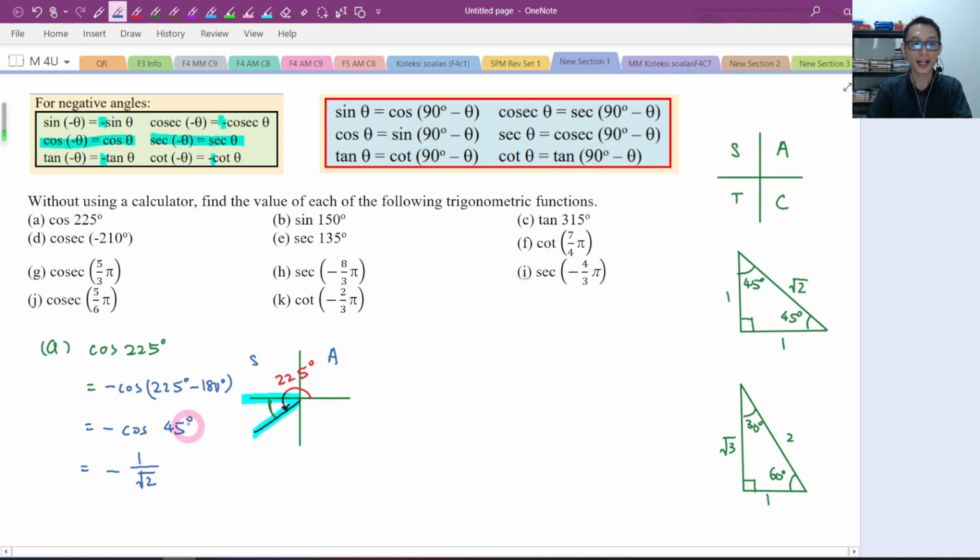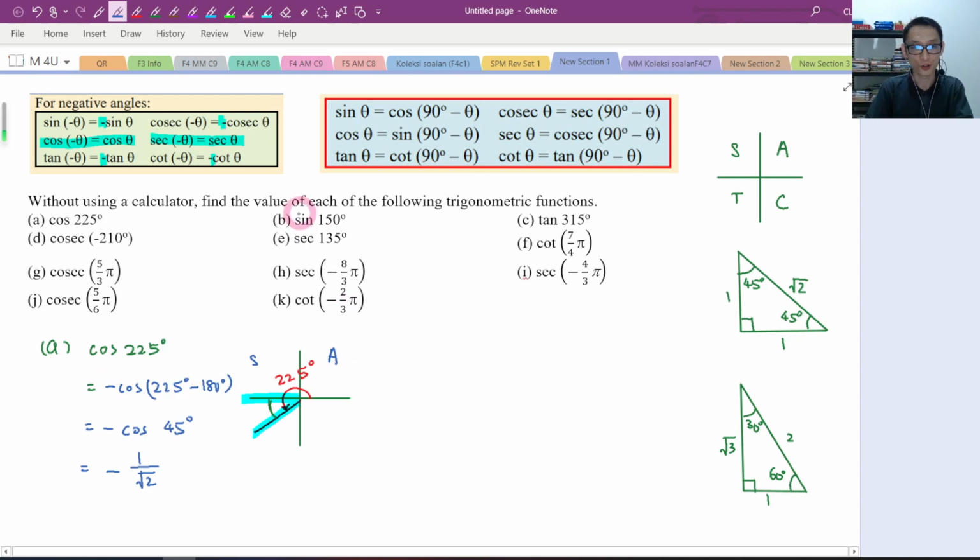Okay, this is how we get this answer. So let me repeat again the process. First, sketch a diagram. Determine which quadrant the angle lies on, and then find the reference angle. Then use the rules ASTC to determine whether we should add a negative in front of it.